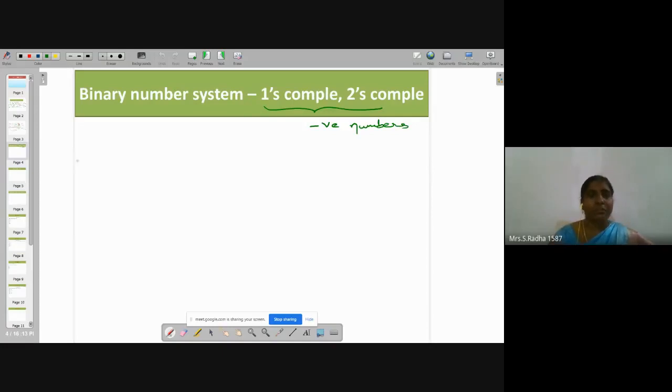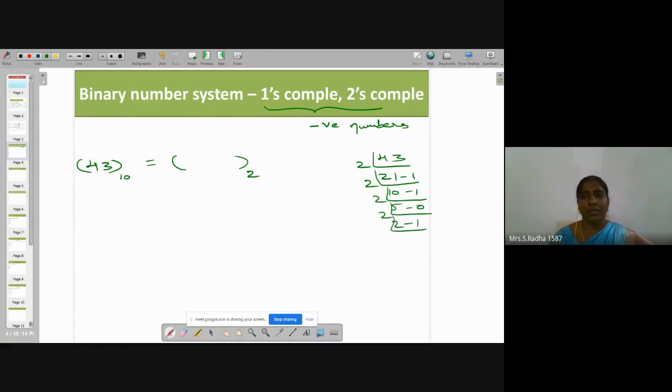For example, if I have the decimal number 43, what is the equivalent binary representation? If you divide by 2, you get 21 remainder 1, then 10 remainder 1, then 5 remainder 0, then 2 remainder 1, then 1 remainder 0, then 0 remainder 1. Going bottom up, it is 101011, the binary value for 43.